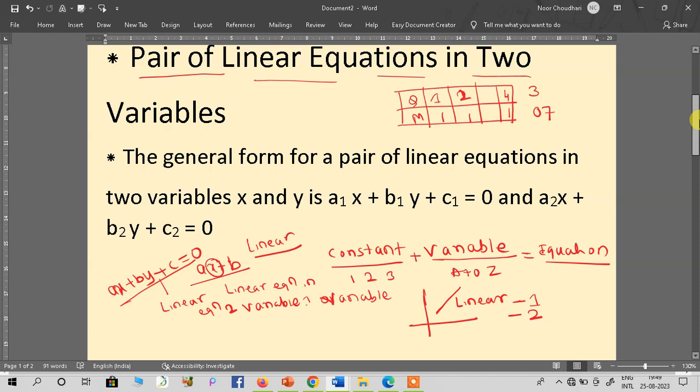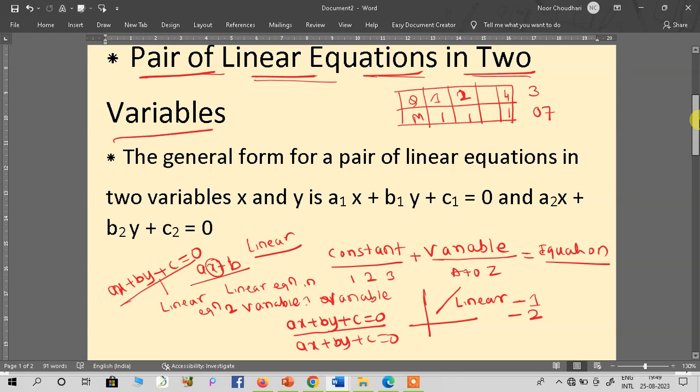This type of equation, ax plus by plus c is equal to 0, if we take two such equations, then we call it a pair of linear equations in two variables.